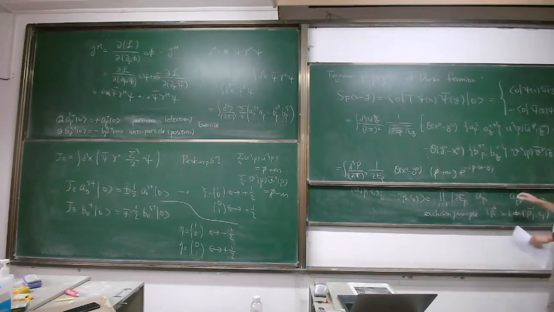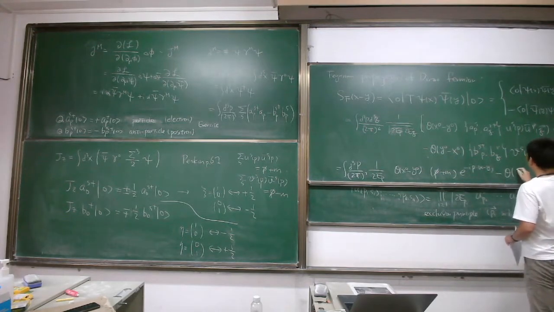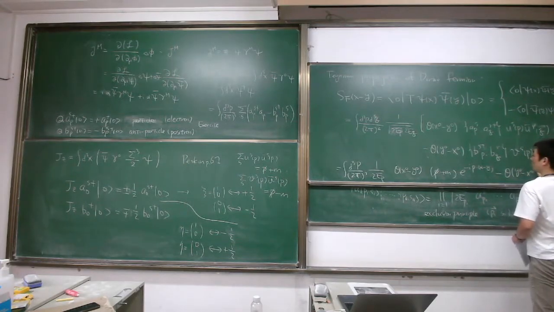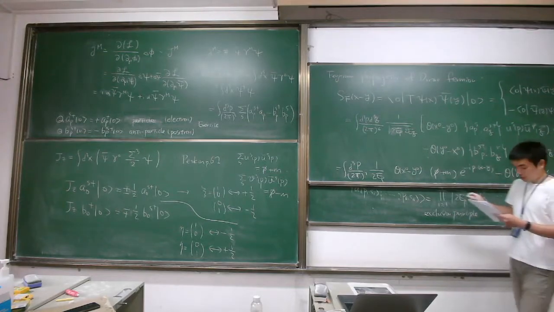On the other hand, you have a minus sign coming from here, y naught minus x naught, and p slash minus m, and then e to the plus i p dot x minus y. That's what you get from the calculation.